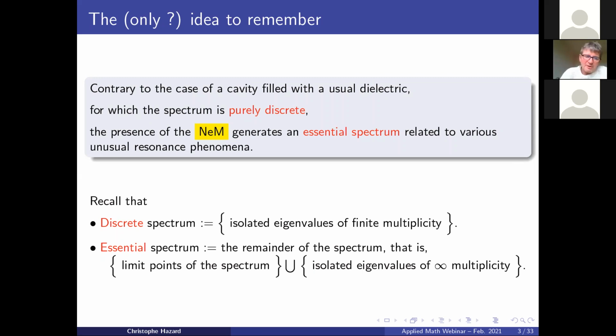You have on one hand the limit points of the spectrum, accumulation points of the spectrum, and on the other hand, you can have isolated points, but these isolated points are necessarily eigenvalues of infinite multiplicity. So that's the essential spectrum, and I'm going to show now how this essential spectrum appears.